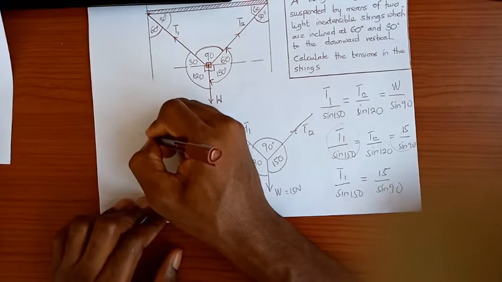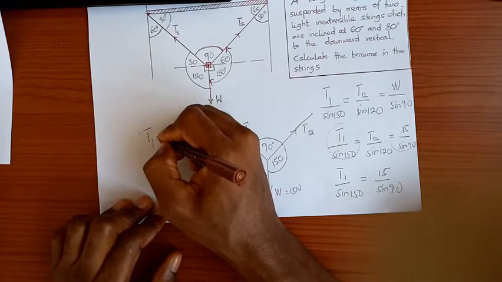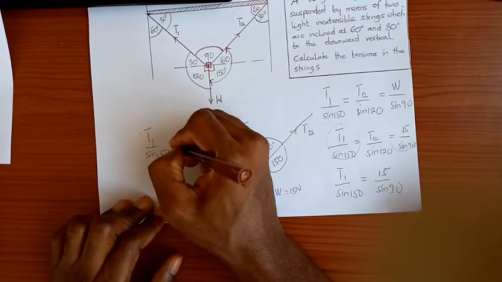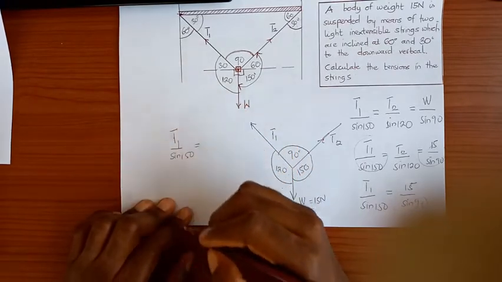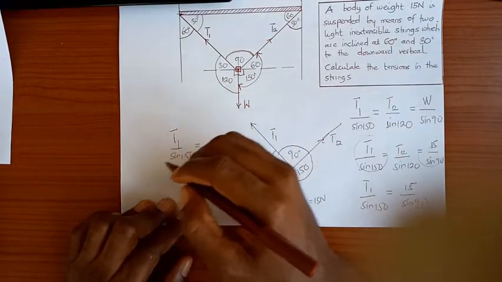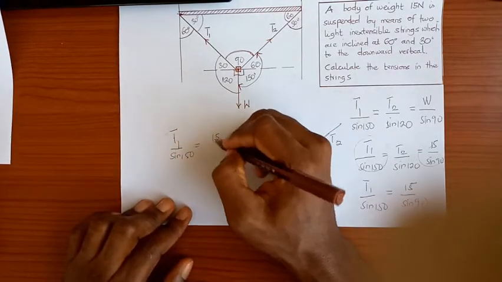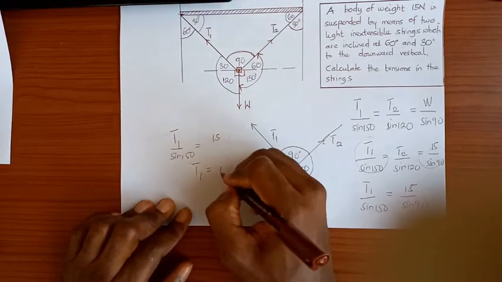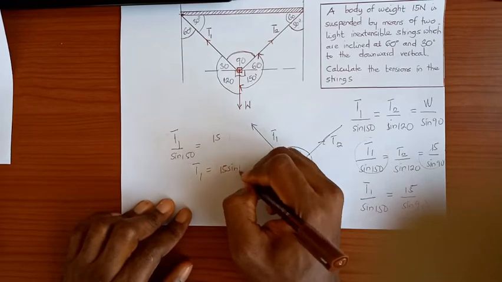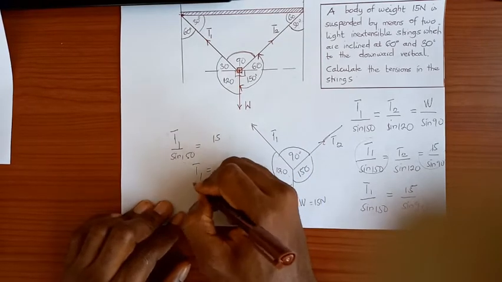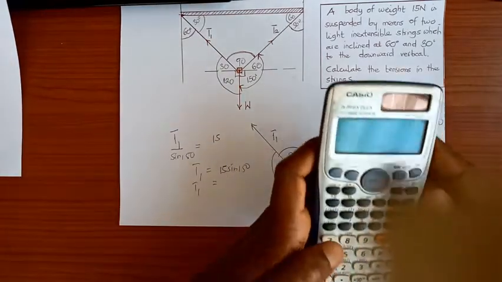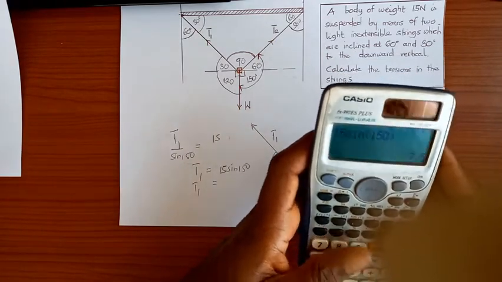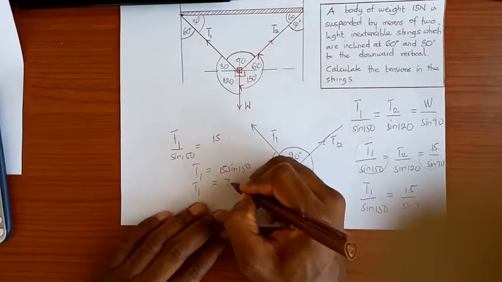So I'm having T1 over sine 150 equals what? 15 on 1. So I take my sine 150 here to give me 15 sine 150 as my T1. 15 sine 150 gives me 7.5.